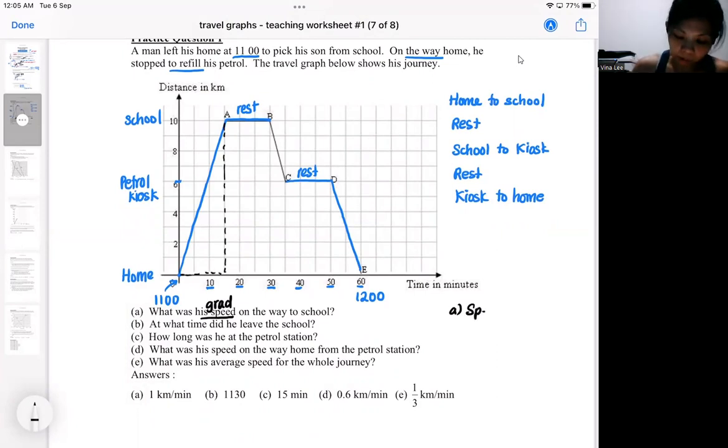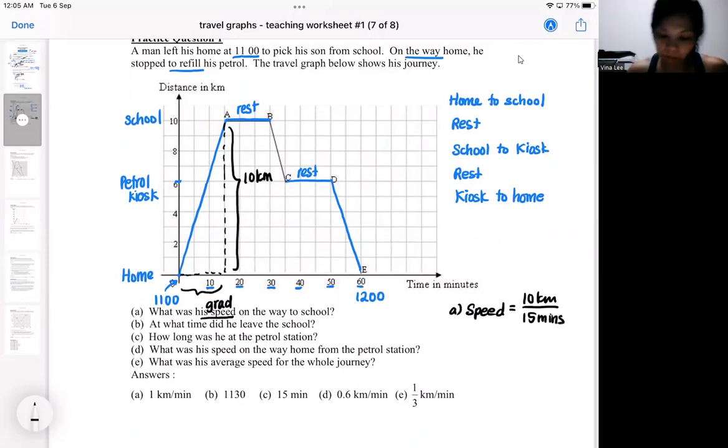The vertical distance represents the distance, and this is 10 kilometers. Then the horizontal distance represents 15 minutes. So if you do it in minutes, it will be kilometers per minute.